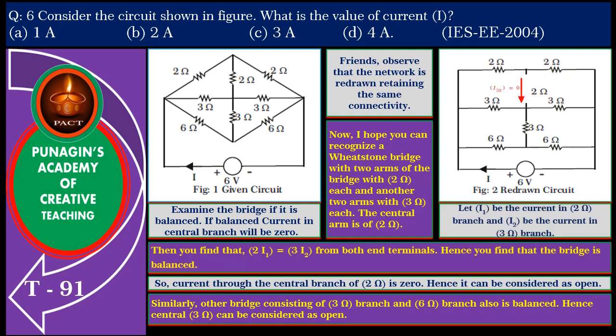So, current through the central branch of 2 ohm is 0. Hence, it can be considered as open. Similarly, the other bridge consisting of 3 ohm branch and 6 ohm branch also is balanced. Hence, central 3 ohm branch can be considered as open.